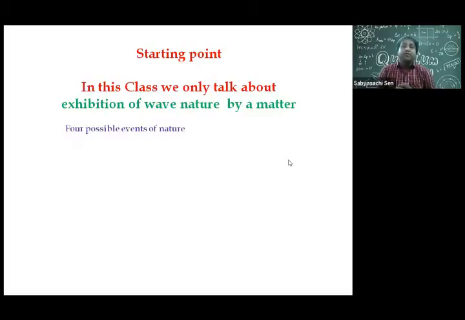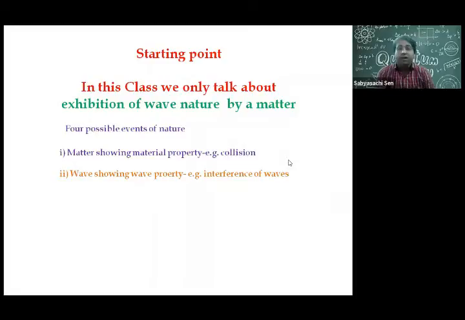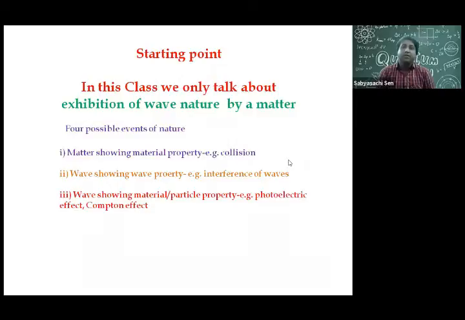Primarily, the first thing that everybody of us learns in school level courses is the physics of matter, the material nature of matter, the particle matter. Another idea is the physics of waves: the concepts of reflection, refraction, and two waves superposing all fall into the wave property of the wave.